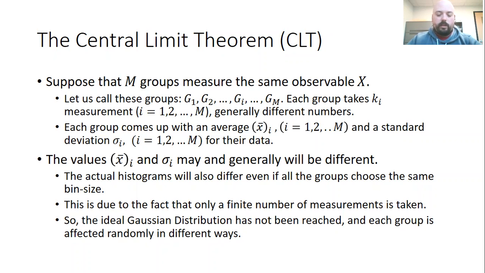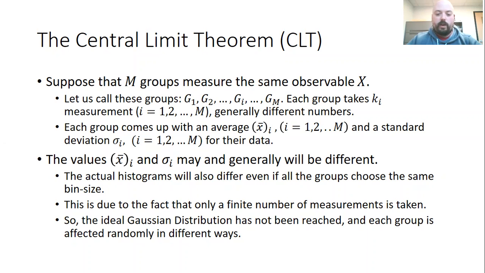All right. Also, the histograms in which these groups produce their results and obtain their statistical values of the mean and the standard deviation can actually differ from group to group as well, even if all the groups use different bin sizes.